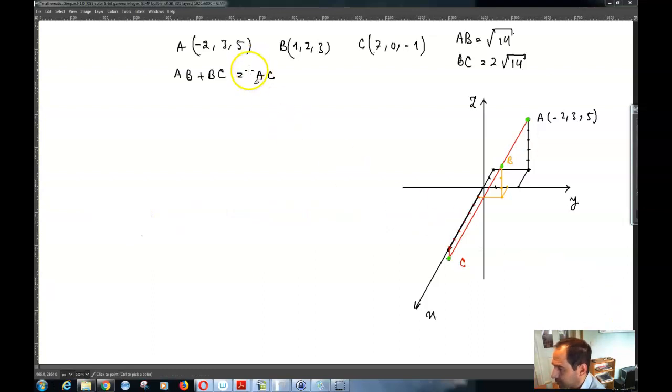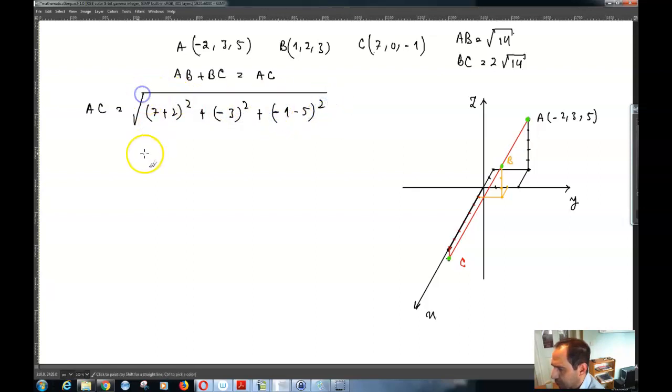Now AC over here. AC is equal to the square root of (7 plus 2) whole squared plus (-2 minus 3) whole squared plus (-1 minus 5) whole squared, which is equal to 9 squared plus (-3) squared plus (-6) squared.